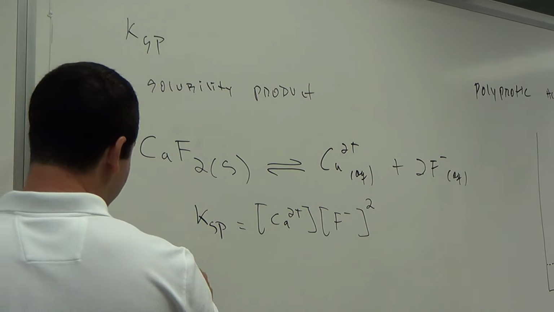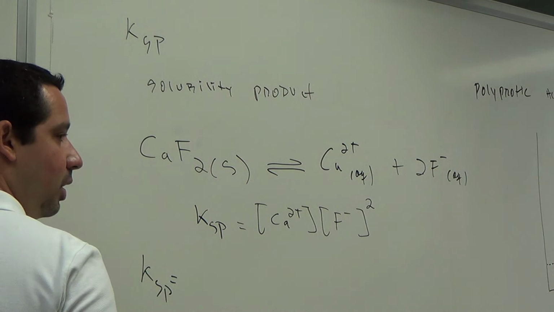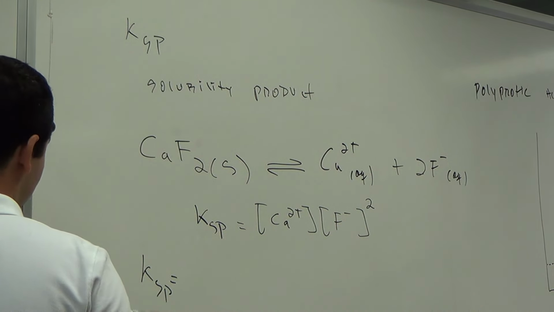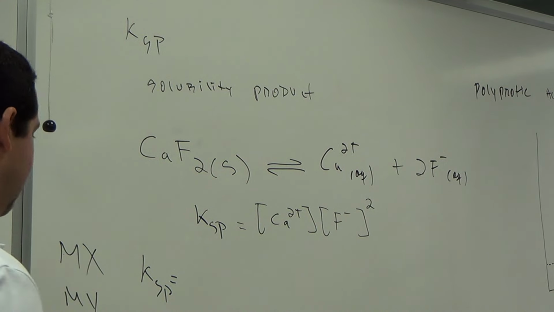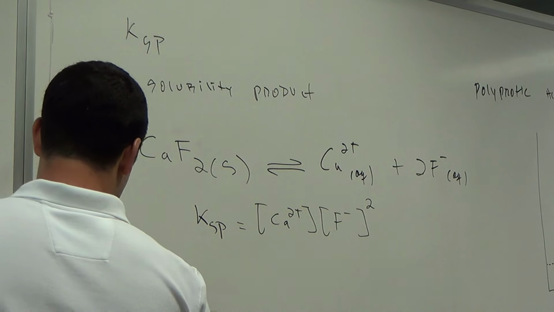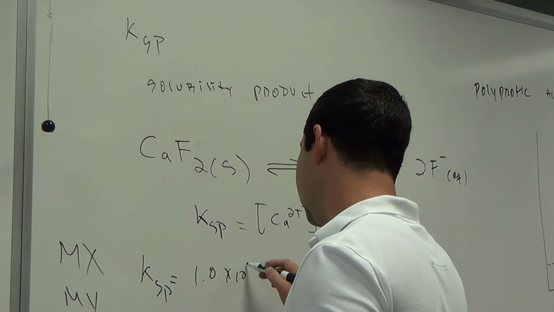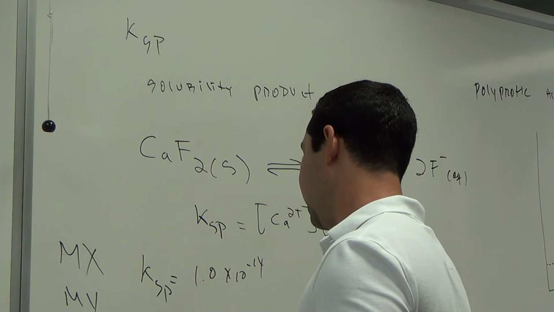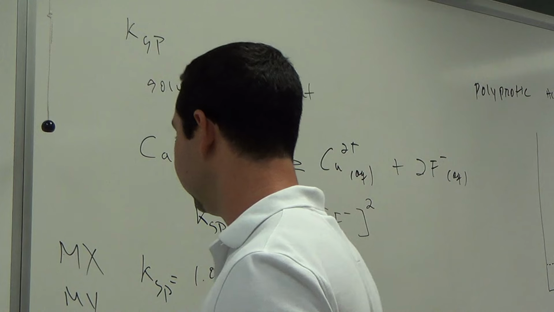So, if I have a KSP for something, let's say compound MX, and this is MY. The KSP for MX is 1.0 times 10 to the minus 14, and the KSP of MY is 1.0 times 10 to the minus 12.